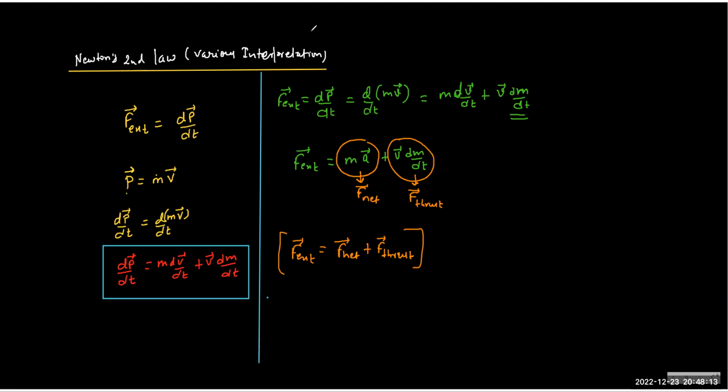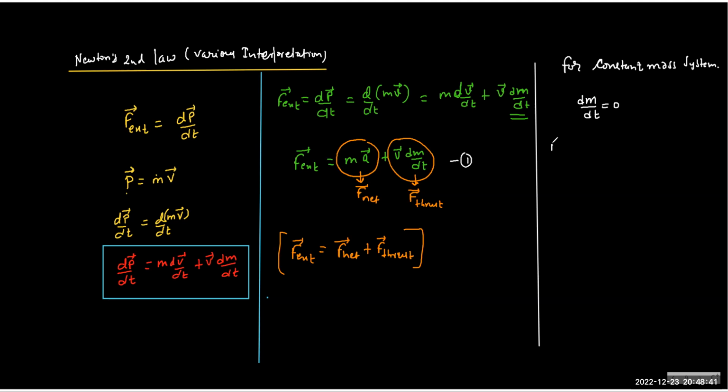Now you can make a heading, and what can you write? For constant mass system. What can you write for constant mass system? F external equals ma, dm by dt equals 0, correct? Yes.